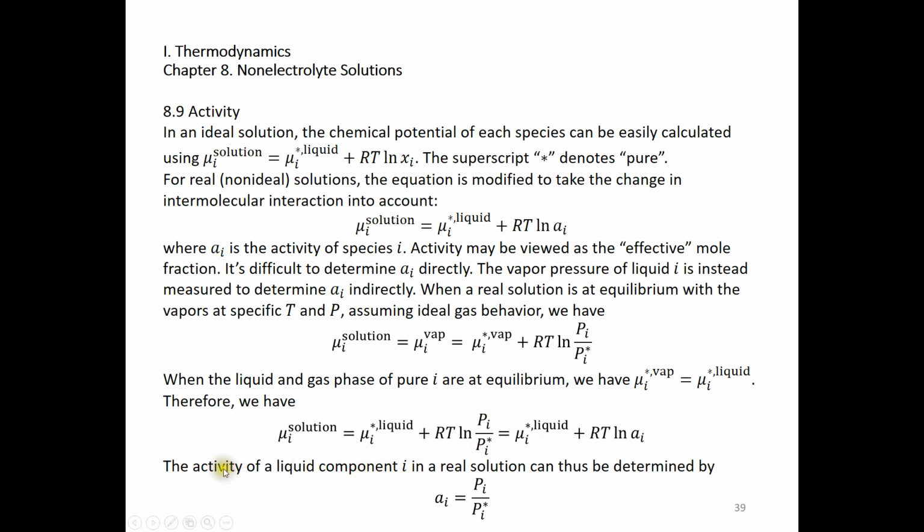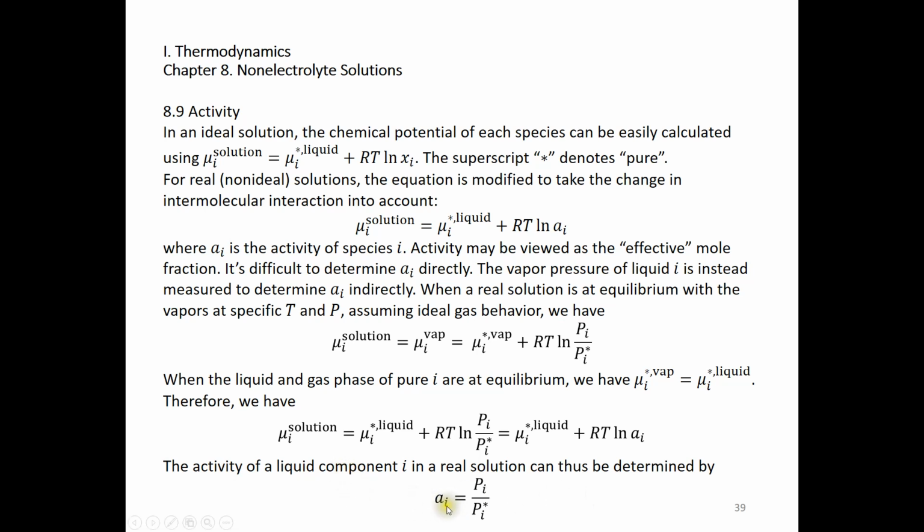So now we can determine the activity of a liquid component in a real solution. It's simply Pi over Pi star. We need to measure the partial pressure of this species i on top of the real solution, and then divide by the vapor pressure of pure liquid i. That's going to be our activity of this species i in a real solution.